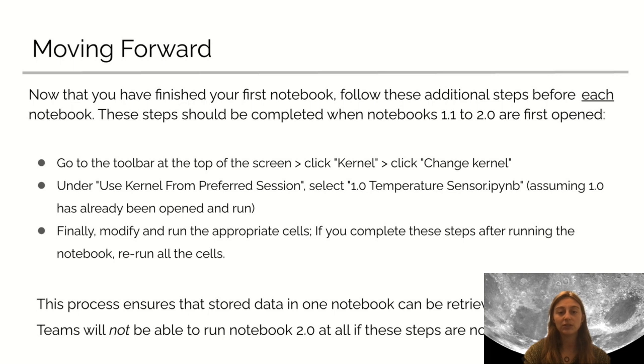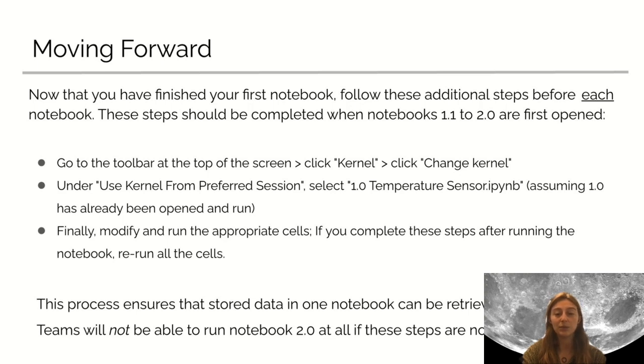Under Use Kernel from Preferred Session, select 1.0 temperature sensor.ipynb, assuming that Module 1.0 has already been opened and run. Finally, modify and run the appropriate cells. If you complete these steps after running the notebook, rerun all the cells. This process ensures that the stored data in one notebook can be retrieved in another.